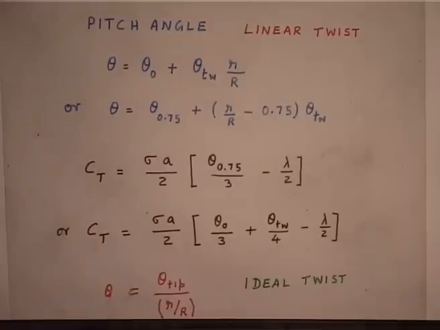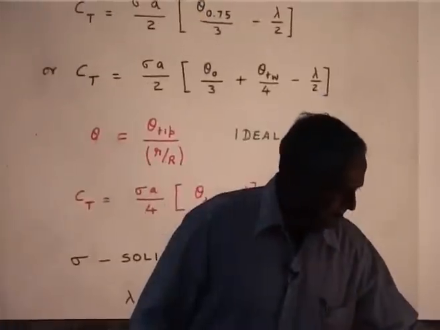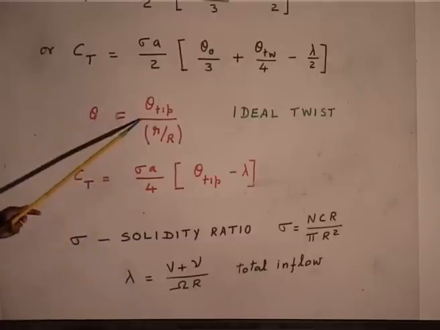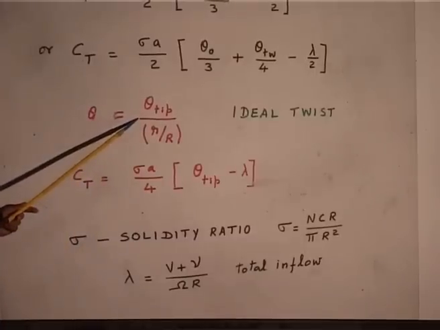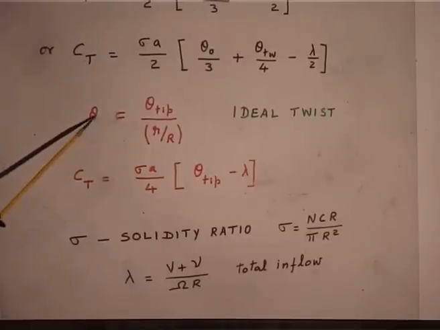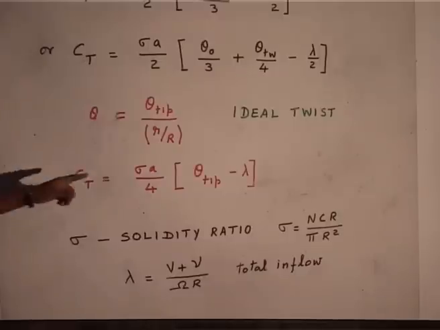Now there is something called an ideal twist. I will just mention this and then we will close. That is, if my pitch, please understand, r over R is in the denominator, tip angle I set, as I come inboard it will go like this, ideal twist.